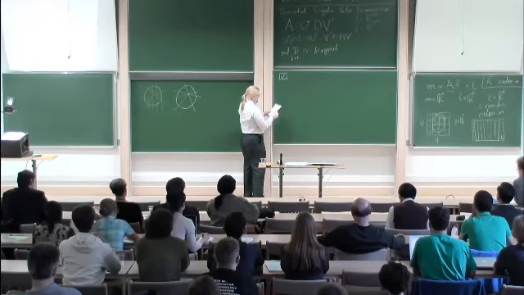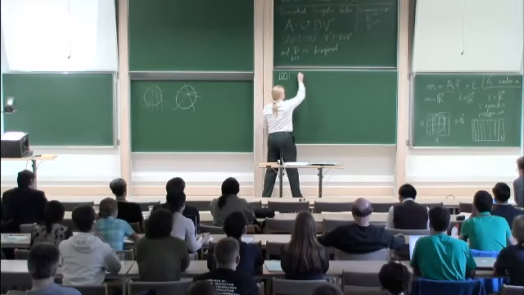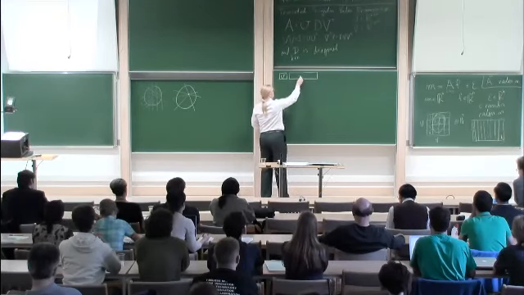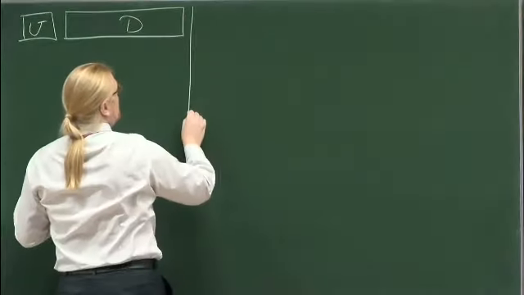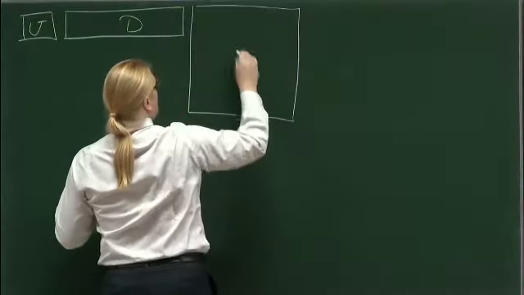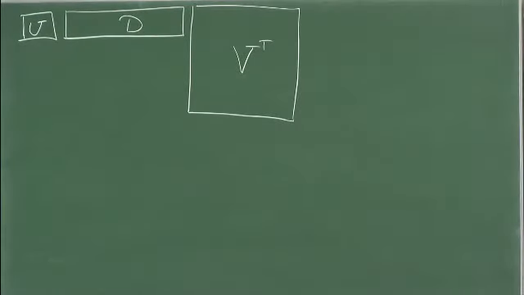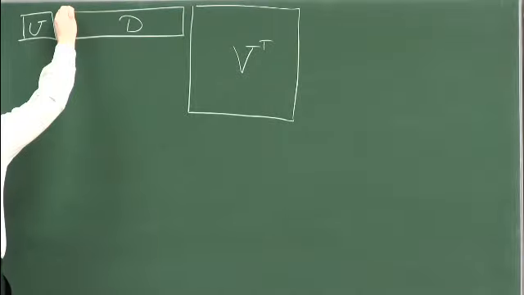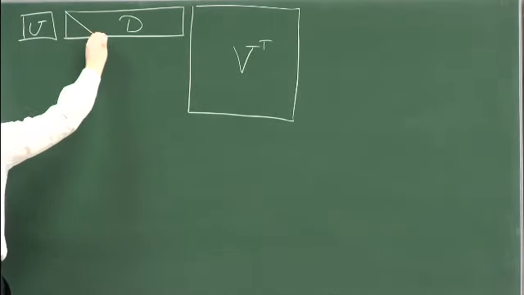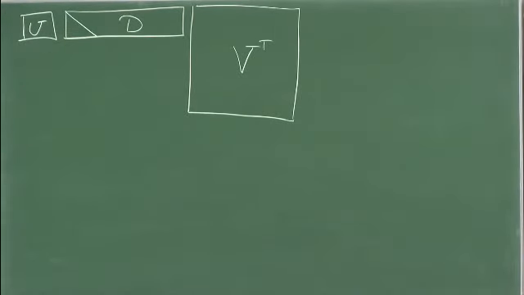Maybe U is such a small matrix, and D is kind of a long matrix like this, and so this is one possibility. In this case, in D, all other elements are 0 except those that have the same row and column index. So these guys here may be different from 0.